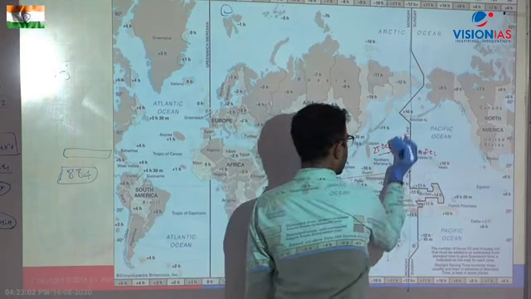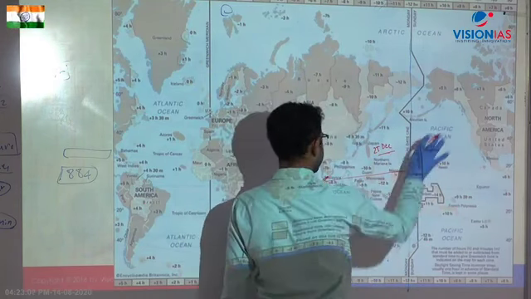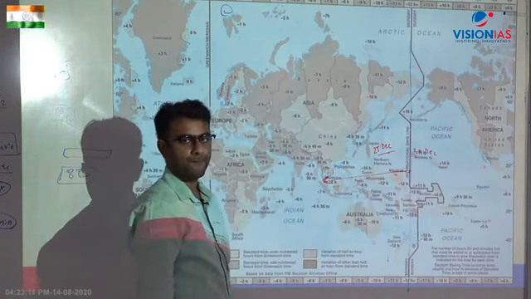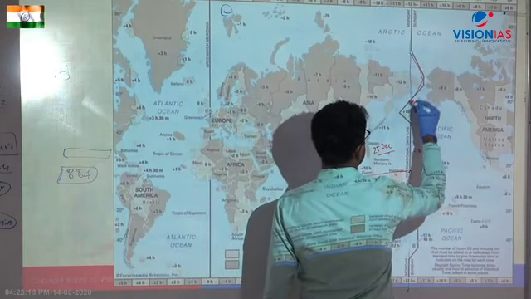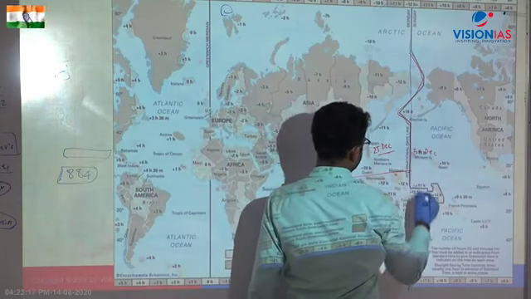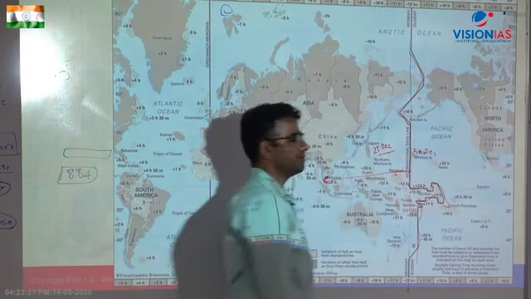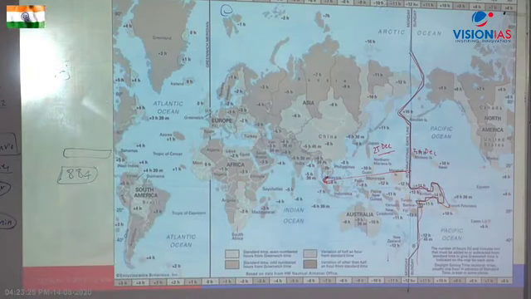So some part of the island would have 25 December, some part would have 24 December. Time would be the same because it is the same longitude. To avoid that, we have given a crisscross. By adjusting a little like this, we have accommodated all the different islands. So that's why the international date line is not completely straight.